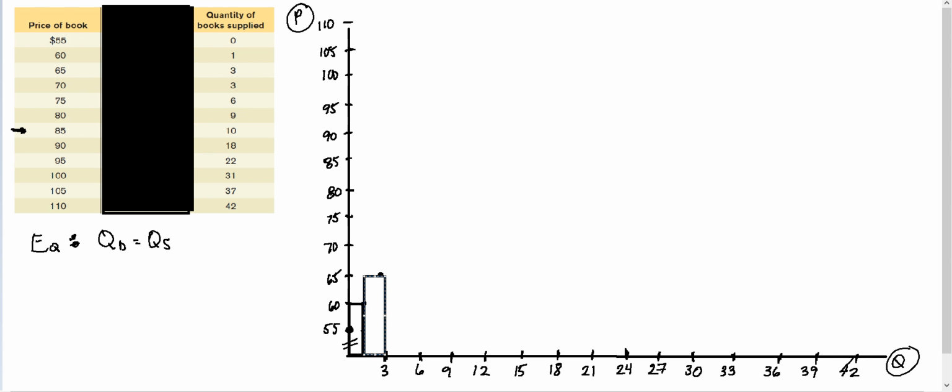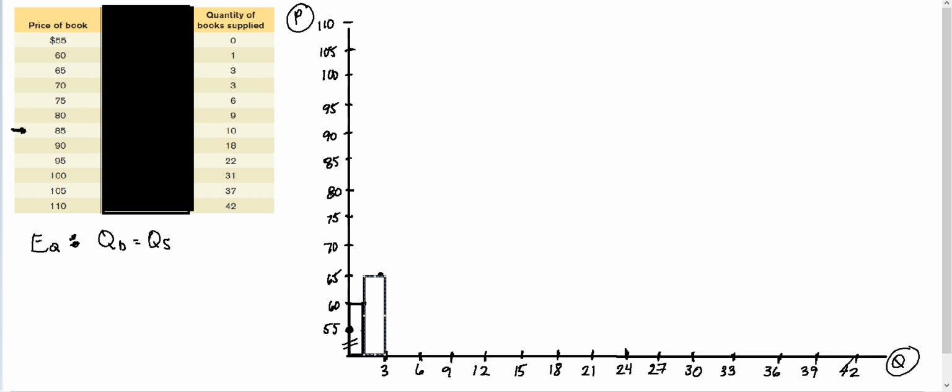If at $65 per book I have 3 sellers willing to sell, and at $70 per book I still have only 3, that means I have not added any sellers to the market by increasing the price to $70 per book. So now let's move on to 75.